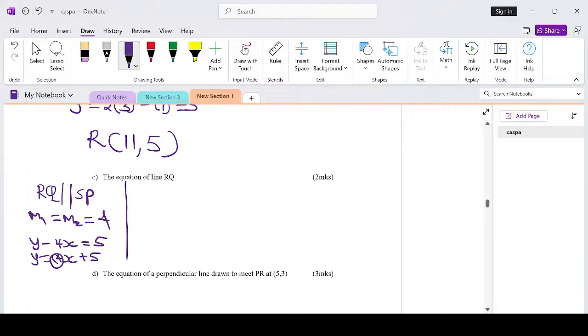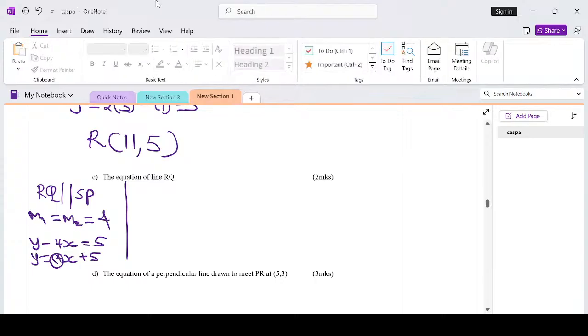Now, because we know that they have a gradient of 4, getting the equation will become very easy, learners. We have one of the points on RQ, that is 11, 5.